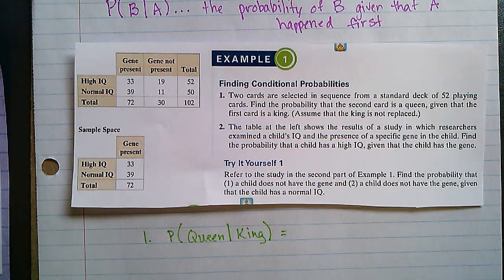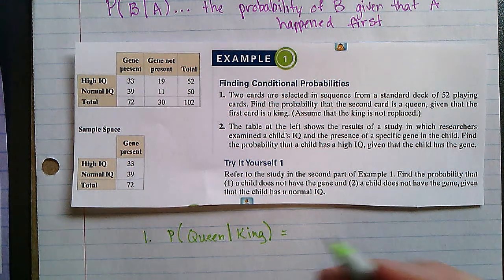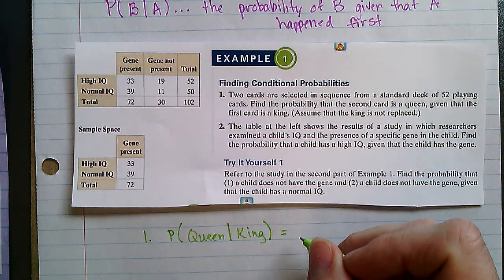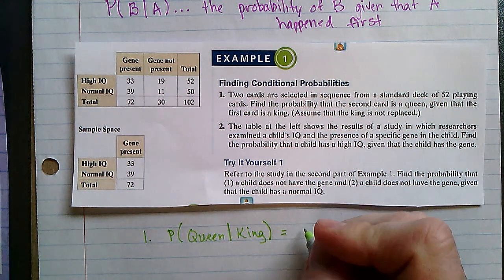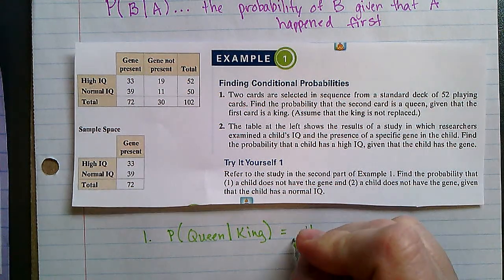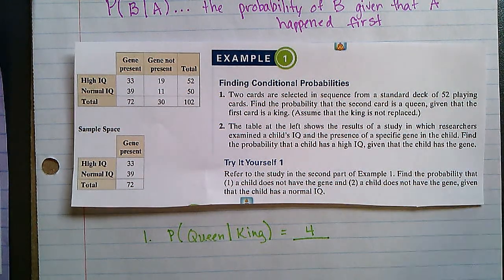So the probability that we draw a queen would be the number of ways that we can get a queen knowing that we already drew a king. There's 4 queens starting out in the deck, so there would still be 4 queens in the deck because we drew a king.